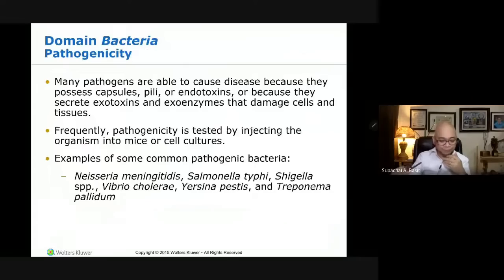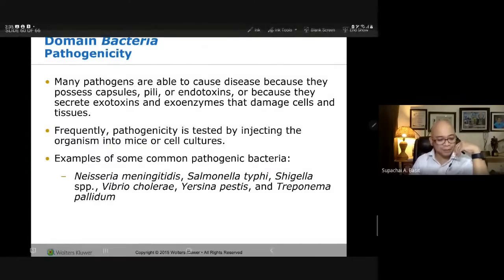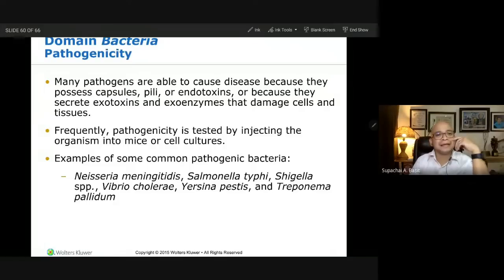So many pathogens are able to cause diseases because of the virulence factors, which I have already discussed last week, no? So this includes the capsule, pili, or endotoxin. And some of them can even secrete exotoxin or exoenzymes that can damage cells and tissues.